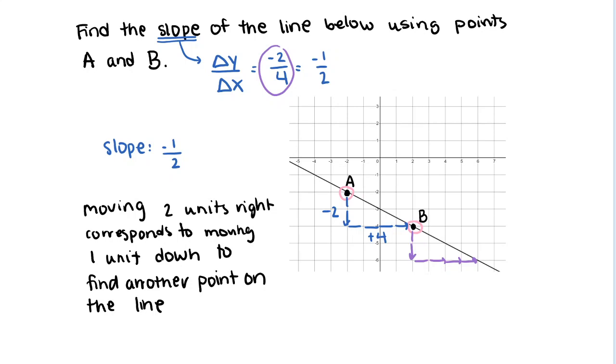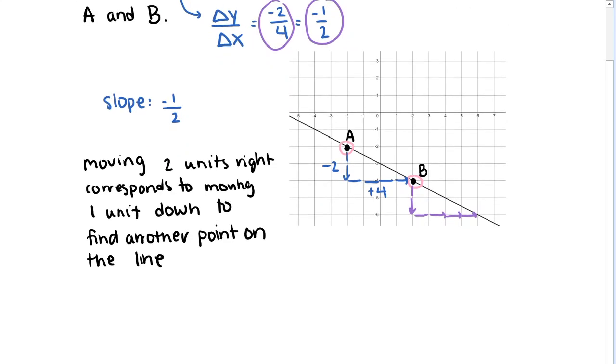And maybe another way you can see this is this is telling us we have a slope of -1/2. Well, this is saying that if we move, similarly, -1/2 units down, that corresponds to 1 unit right.